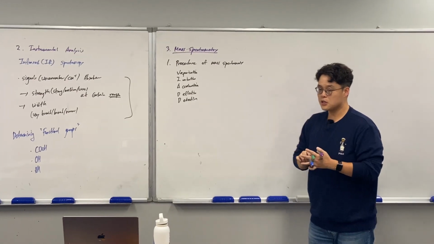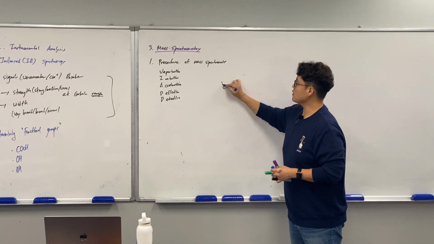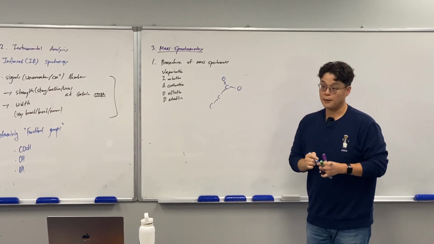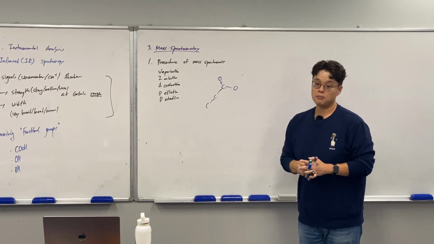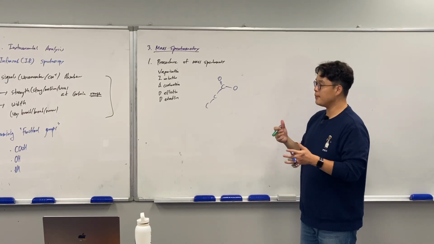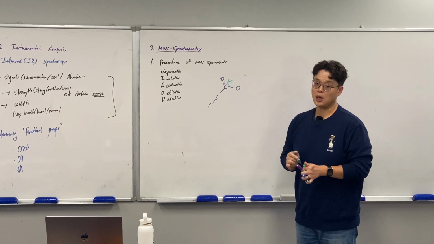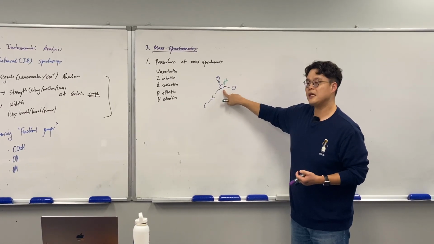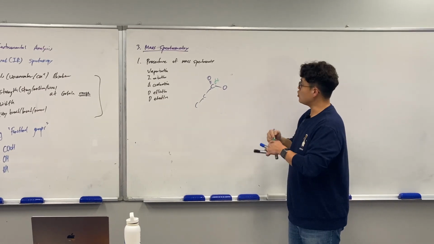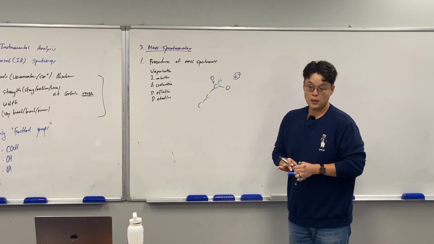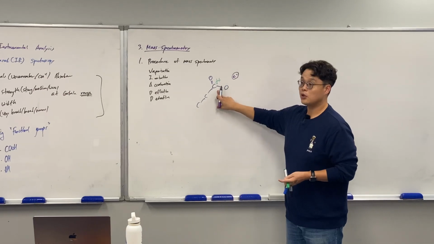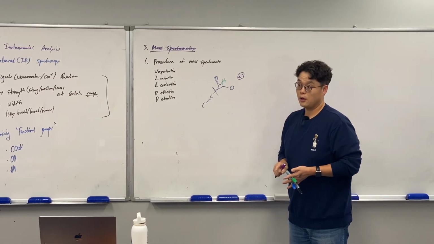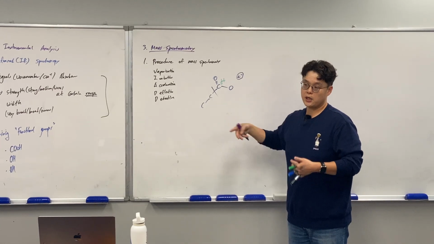But one thing you have to understand is, if we have something like this, rather than just the carbons here, it was targeting the carbon to carbon bonding a lot of times, but a carbon with partial positive charge due to the electronegativity of the oxygen will be easily targeted by the electron, which is a negatively charged particle. So a lot of the time it will be bombarded on these carbons, breaking the bond between these two. Not on this one here, because these are basically the same carbon.